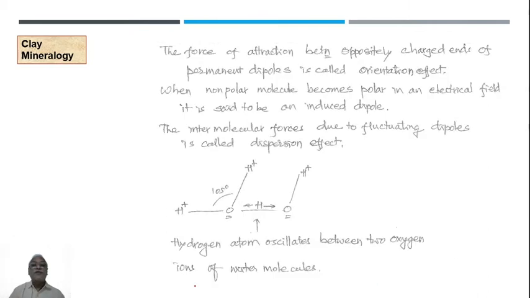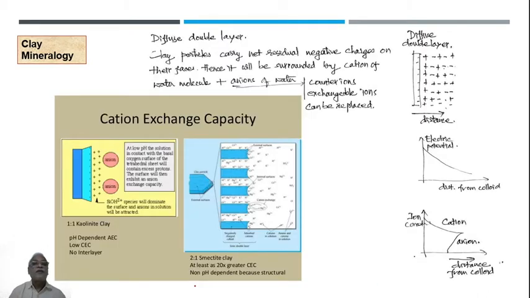Next is the diffuse double layer. I'll explain what happens here. This is a clay mineral which is shown here, and there is a molecule of, let us say, water.